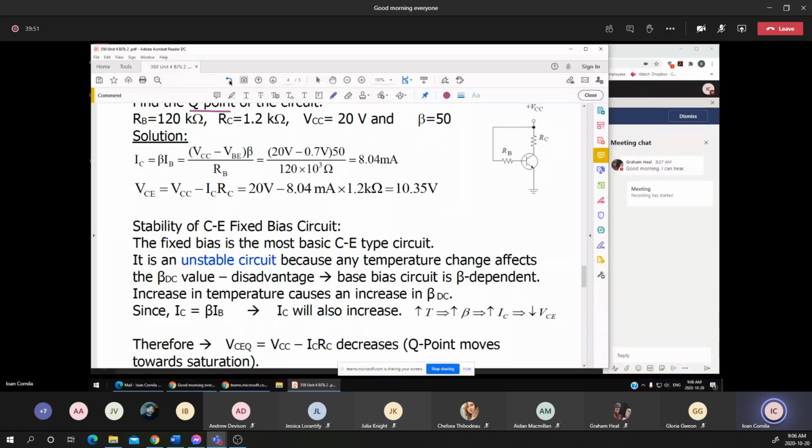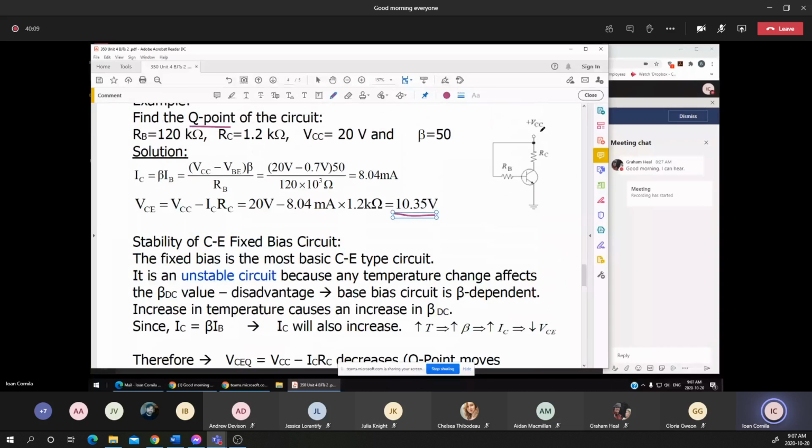You notice that, again, there is no difference in the equations from the previous circuit, and we'll end up with a voltage of 10.35. Now, the disadvantage of using this circuit is very simple.